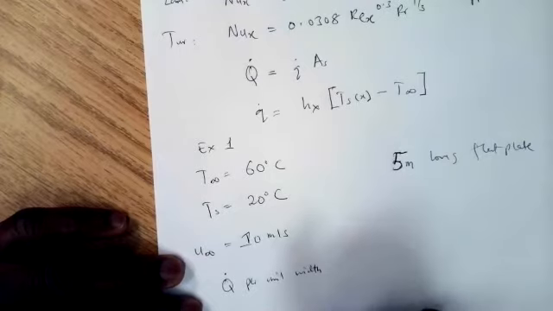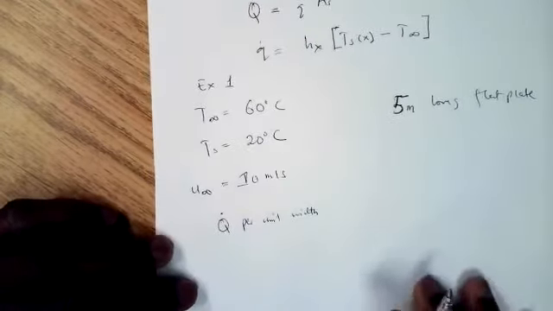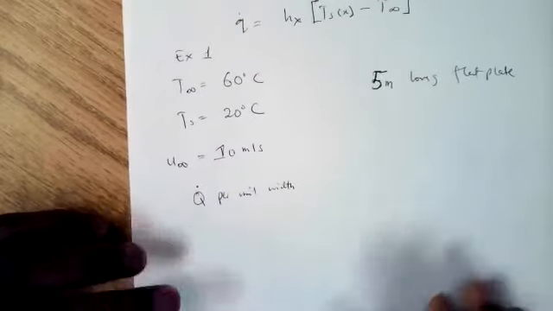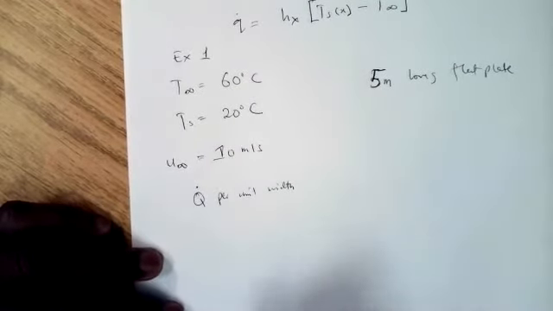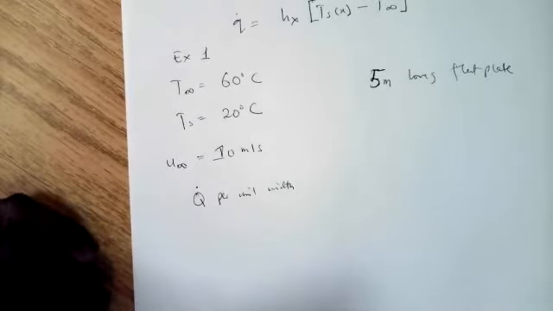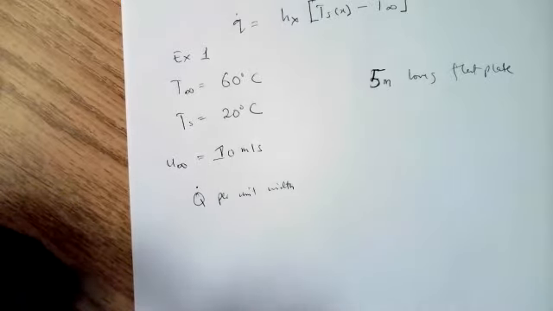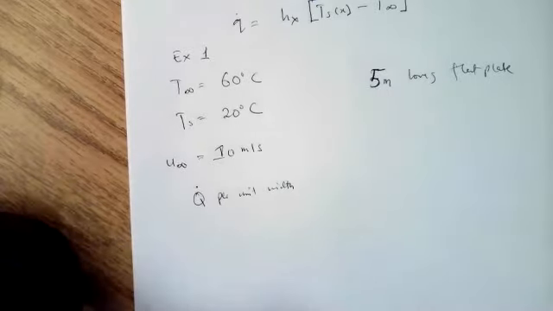Like I said, you have to first of all consider what kind of system you're dealing with. Are we working with a uniformly heated plate, uniform heat flux, one part of the plate heated and one part not heated?